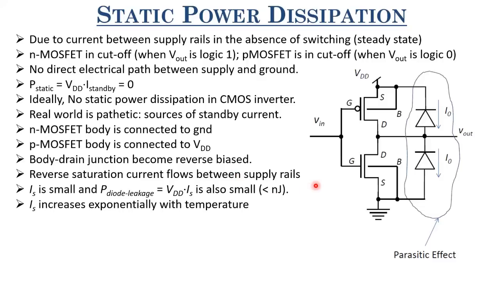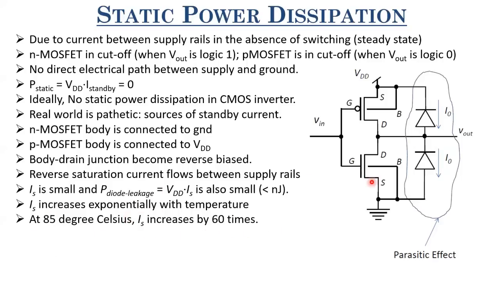This is not dangerous at room temperature, but since this reverse saturation current is because of thermal generation, as the temperature increases, this IS increases exponentially. And as a matter of fact, at 85 degrees Celsius, IS increases by almost 60 times.